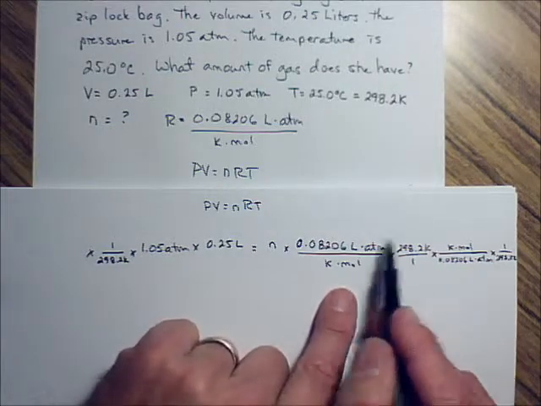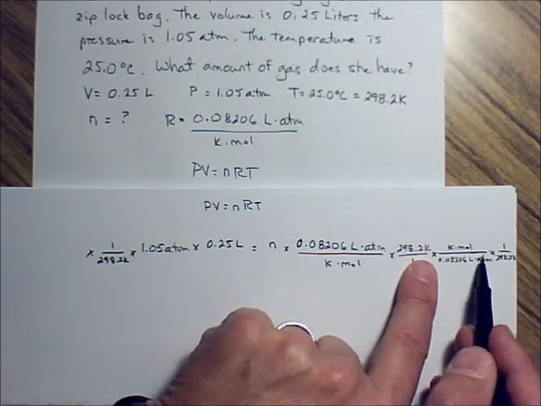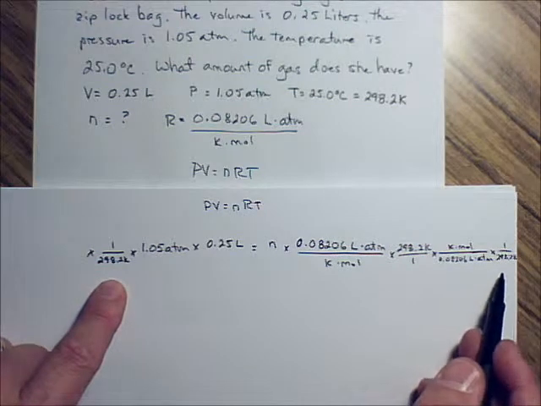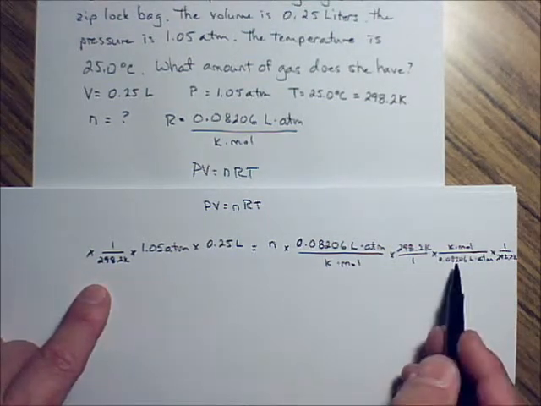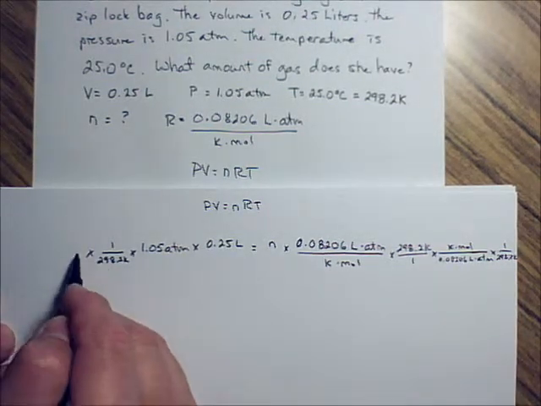Since I multiplied this side by these two things, I've got to multiply this side by those same two things. So I plug this one in right here, and now I can plug this one in right here.